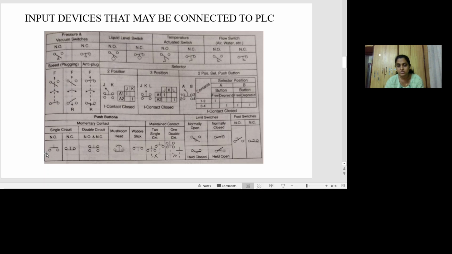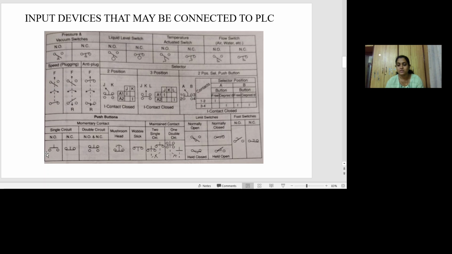And these devices are represented in ladder diagram as contacts. So there is a difference between a switch and a contact. The switch is the external device which is connected to a PLC module, whereas the contact is an electrical component which is found inside the switch, relays and connectors.